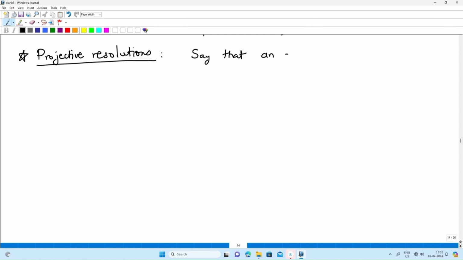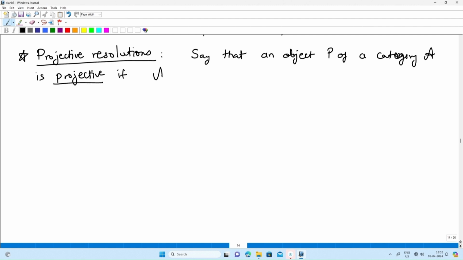Say that an object P of a category, I'm just going to use the notation A, is projective if A(P, -) preserves epimorphisms.